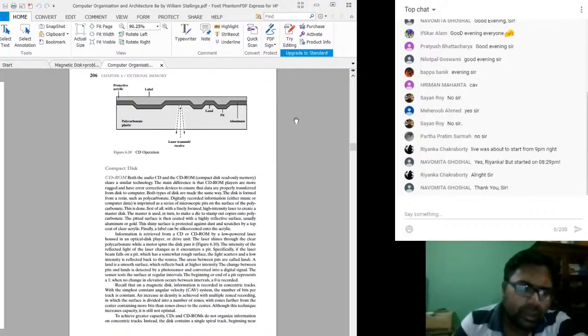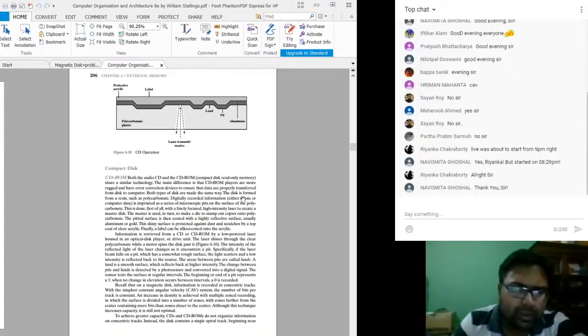In an optical disk, information is encoded on the surface. Information is first placed in the disk with the help of something known as pits. Pits are just minute points, you can imagine, on the disk, which store the information.